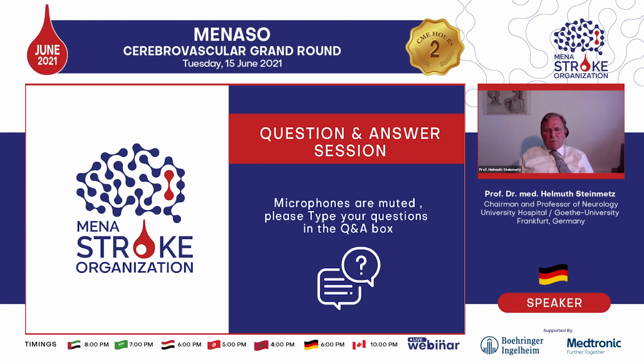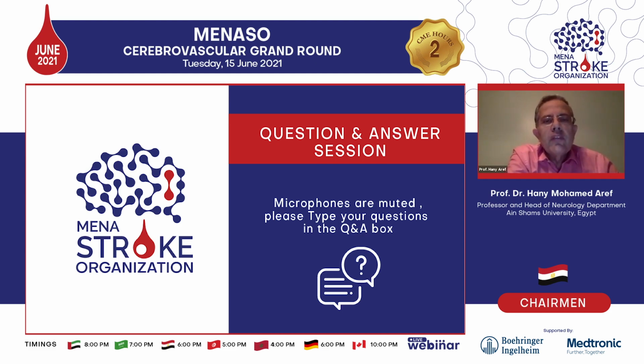But I do not think there is any reason to behave differently in a COVID patient suffering a stroke than in another patient suffering a stroke, except that you have, of course, extraordinary circumstances with intensive care treatment and bleedings going on or whatever. And of course, you would have to change this approach. But just having COVID would not change my strategy of treating a stroke or doing secondary prevention. Okay.